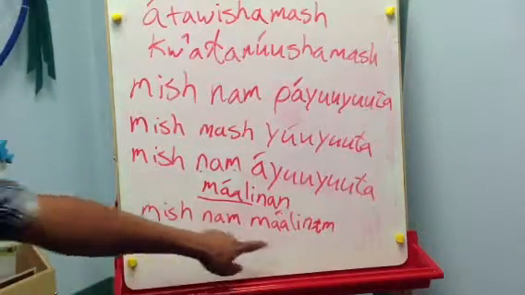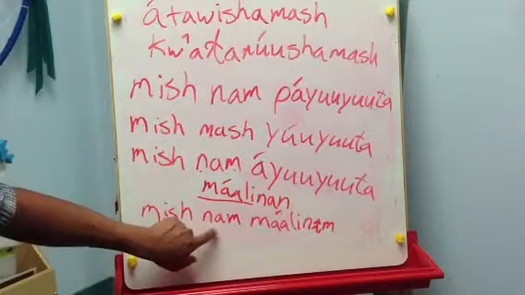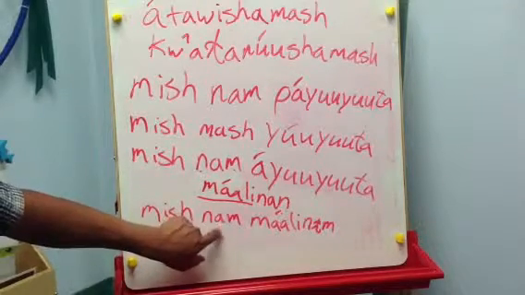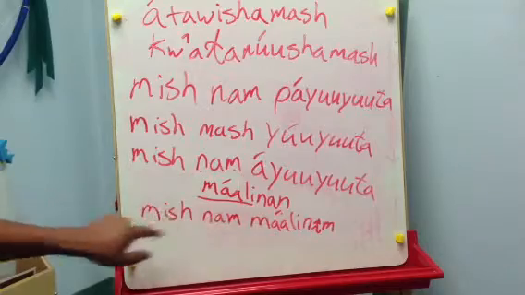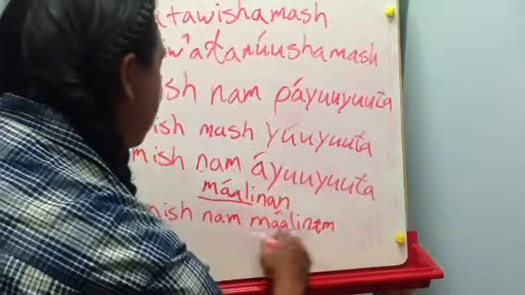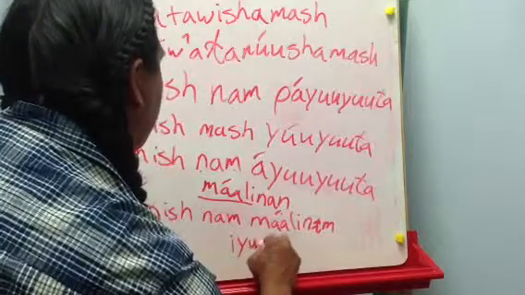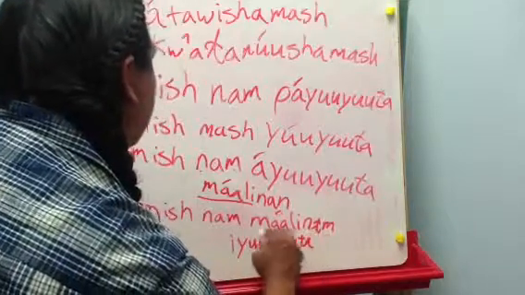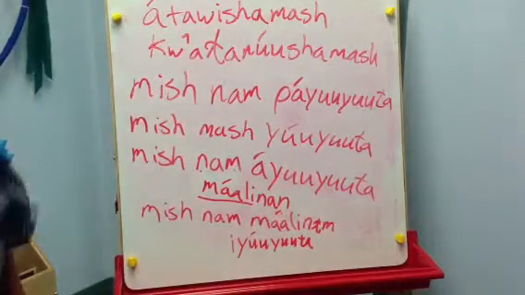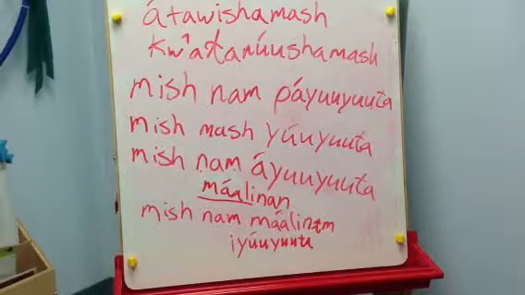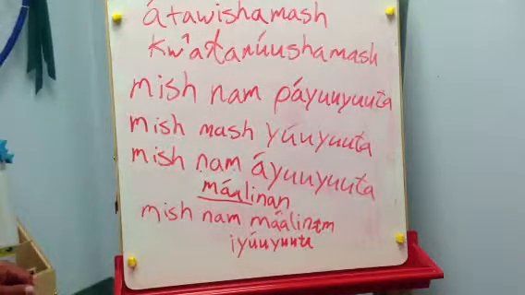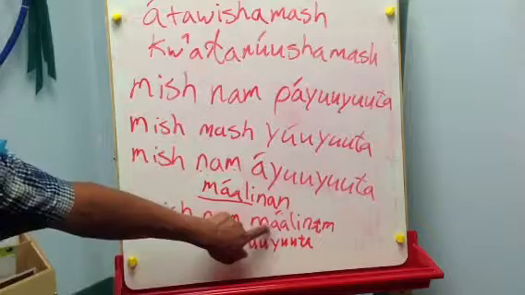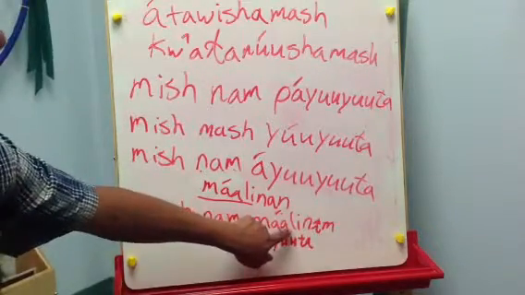Mishnam Malinum. This num is saying it's a third person going to an I, a me, or a you. Will Mary call you? Mishnam Malinum iyuyuta. So if he or she is the subject, you add the num, whoever that person is.